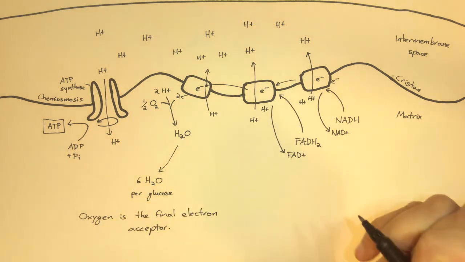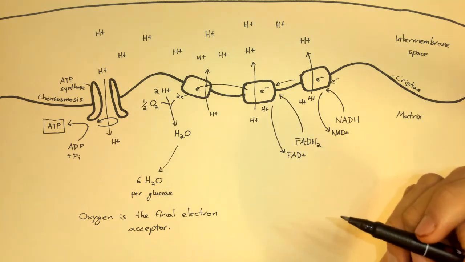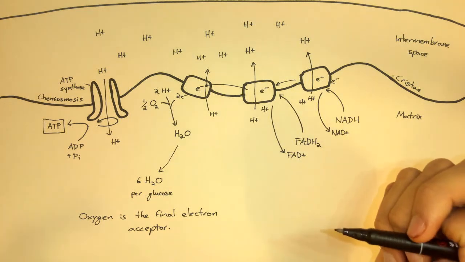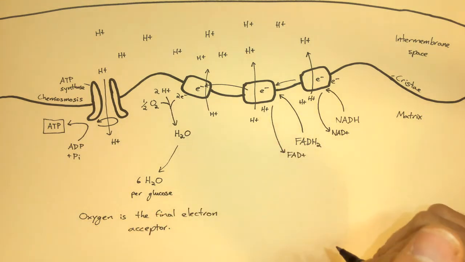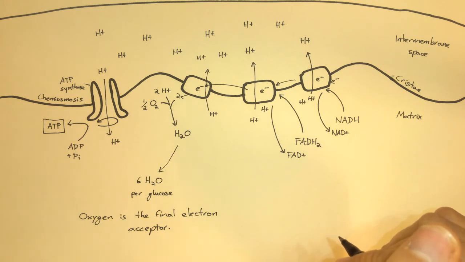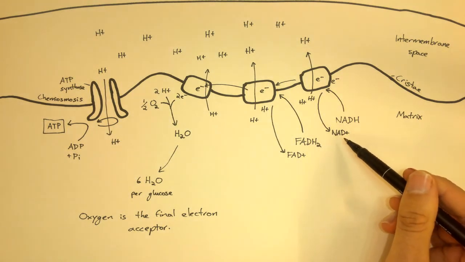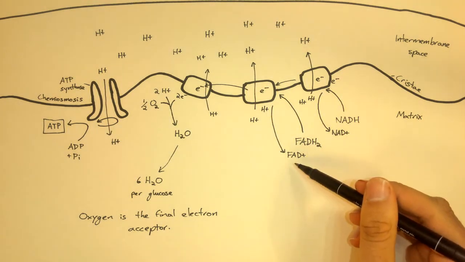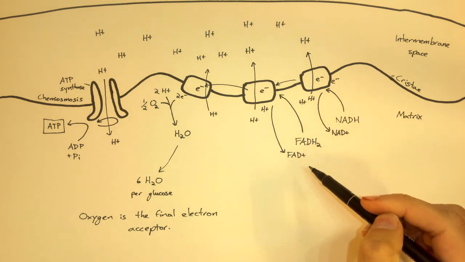You can still produce some ATP from glycolysis using fermentation and anaerobic respiration, but ultimately that process is so inefficient compared to this that not enough ATP will be created to sustain life. The Krebs cycle will also stop because there is no NAD+ or FAD+ being released from the electron transport chain.